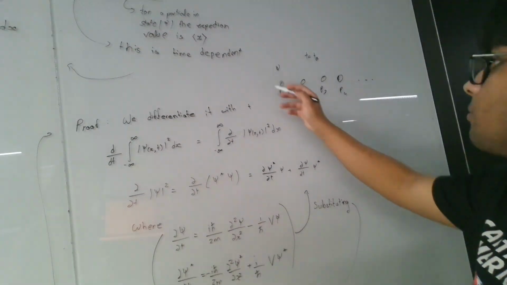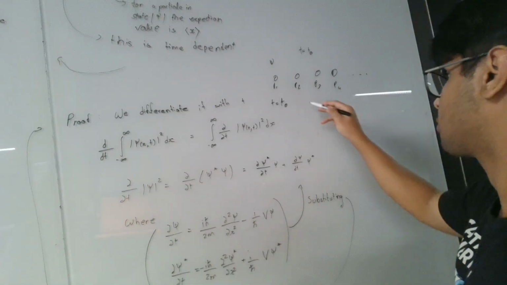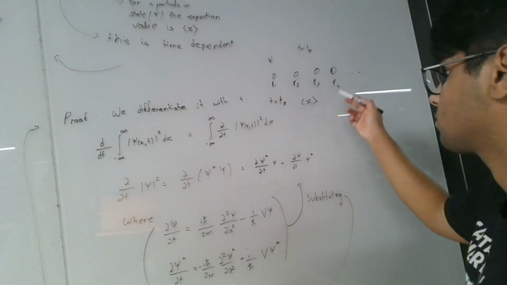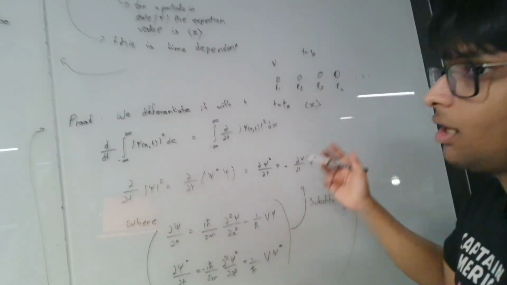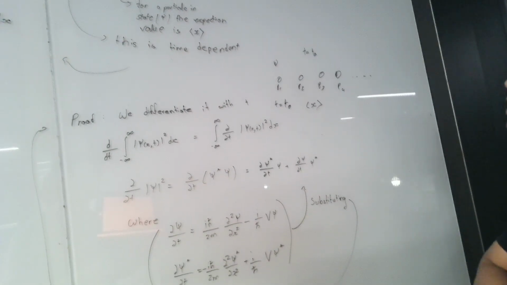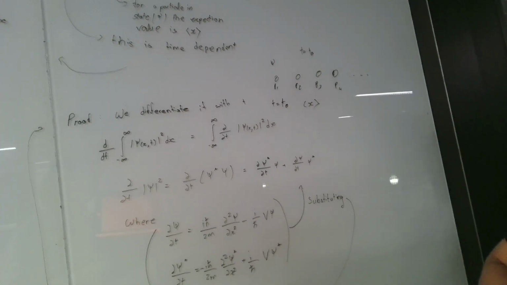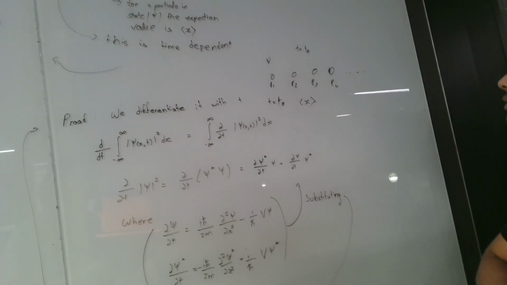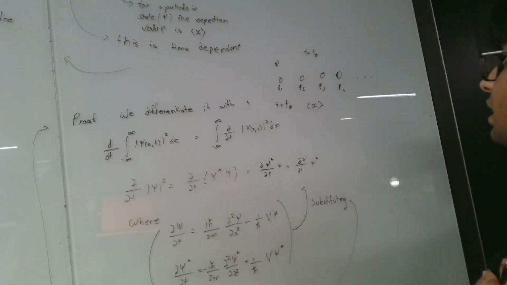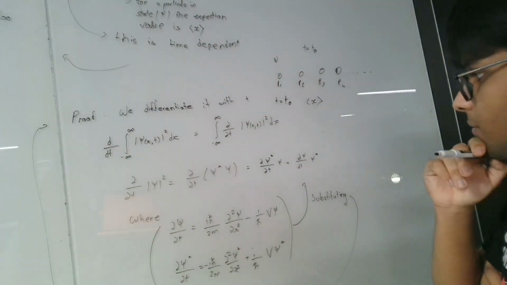At t equals t naught, the expectation value would be x in brackets. So in a probability sense, this would be the mean of all the measurements taken by P1, P2, P3, and P4.